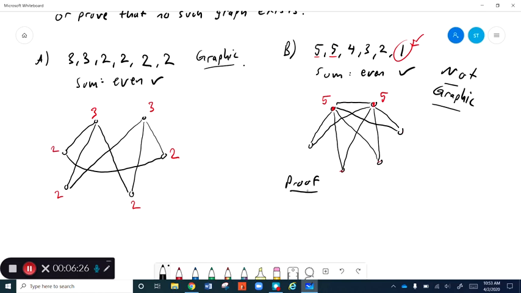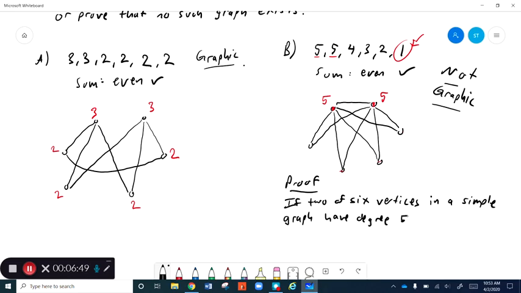We're going to argue that if 2 of 6 vertices in a simple graph have degree 5, each is adjacent to every other vertex, because there's only 6 vertices, right?